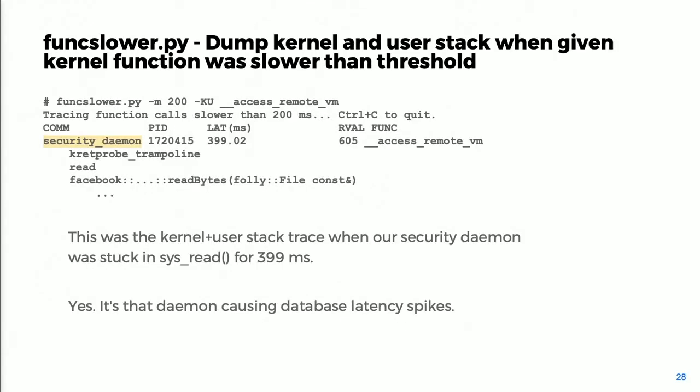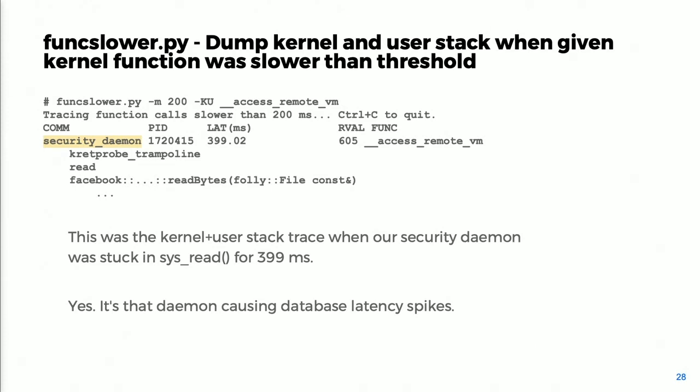The next step is to figure out what is actually reading this environment variable, because it can be PS, it can be TOP, it can be any other tools that are running in production. Another BPF-based tool to the rescue, called funcslower. I'm asking it here to report the kernel, this -k, and -u user stack traces when the latency of this function is higher than 200 milliseconds.